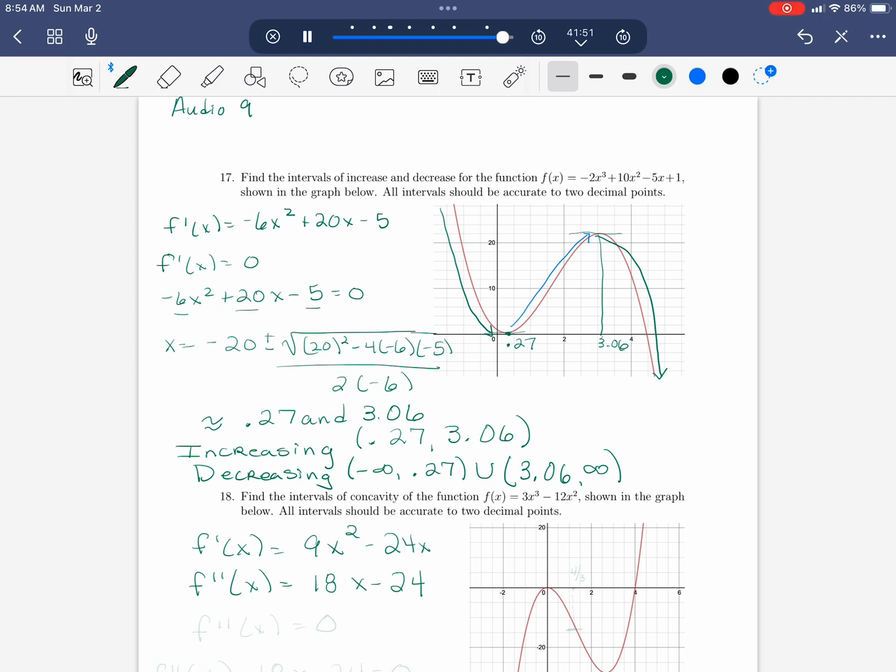So for this one, we're going to find out where the second derivative is 0. And what that tells us is where there is an inflection point.